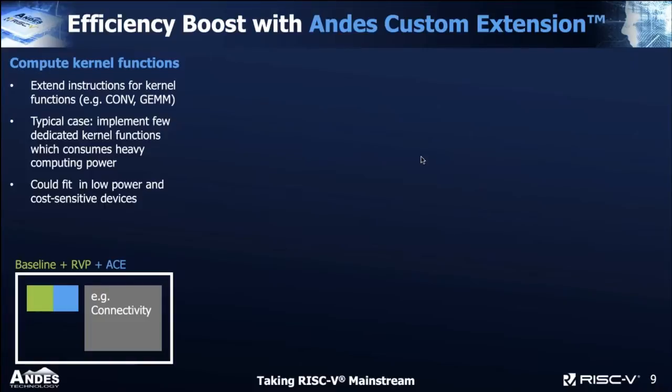So for compute functions, for the fundamental kernels, convolution or GEMM, you could create a few key instructions to accelerate kernels. If you do DSP signal processing, this might be a butterfly operation. The idea is perhaps at the same time accelerating a specific function that benefits lower power as well.